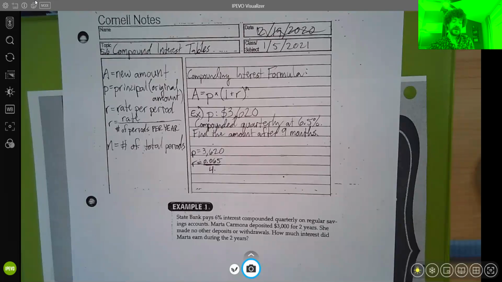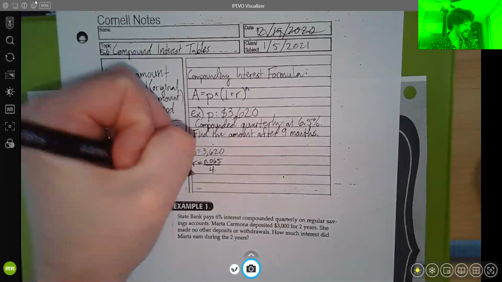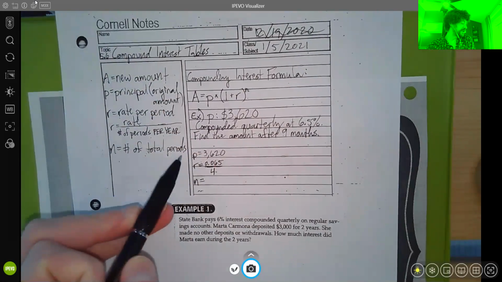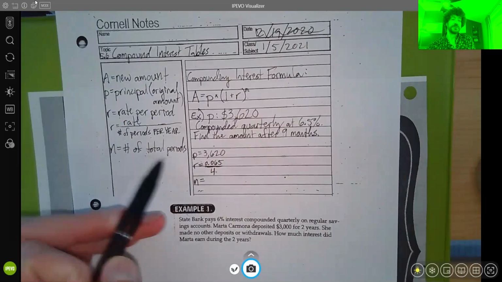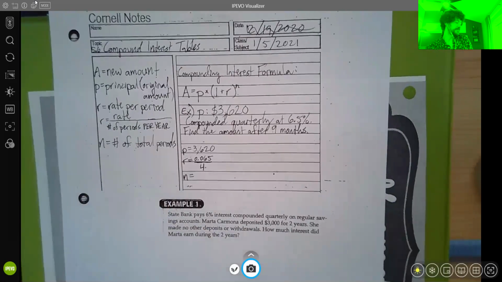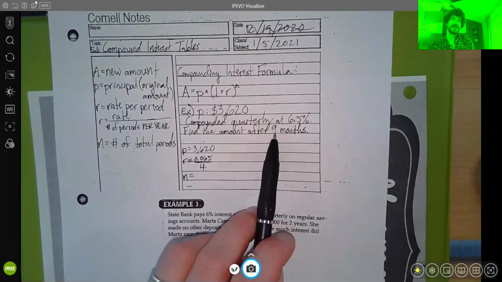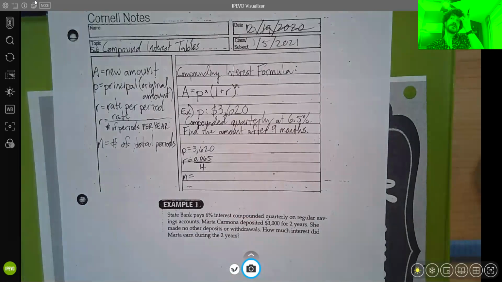And then we need to know the value of N. And N is equal to the number of total periods. So 9 months. How many quarters of a year is 9 months? Somebody type that in for me. How many times will it be compounded over 9 months?